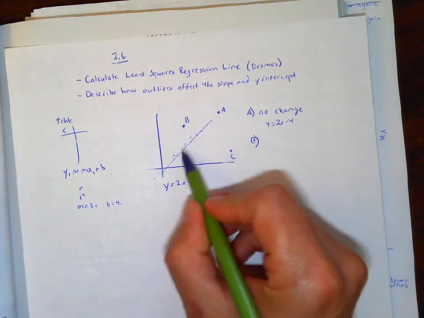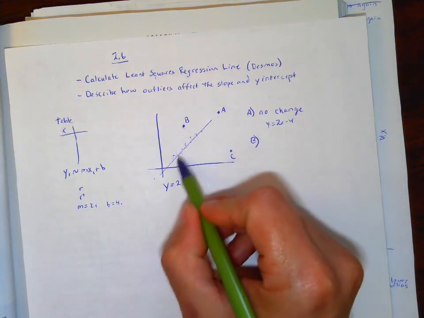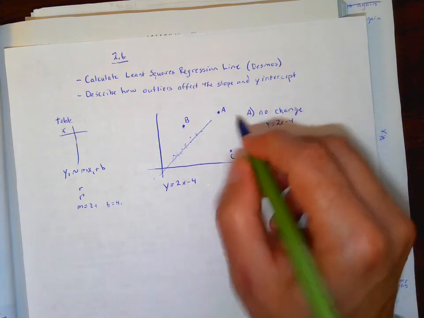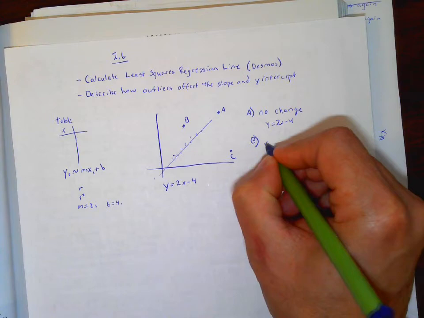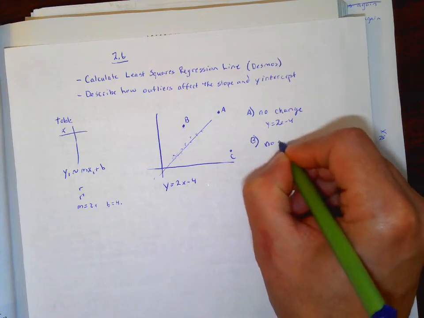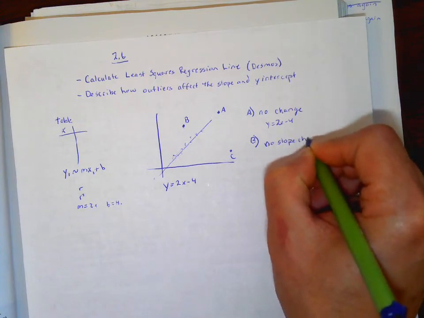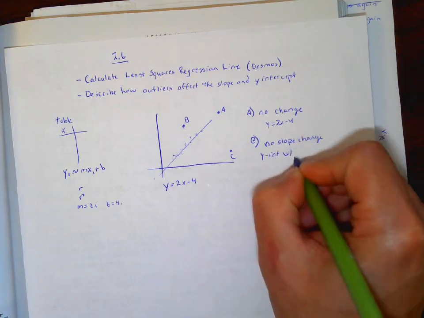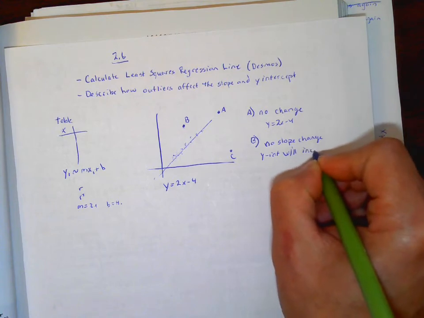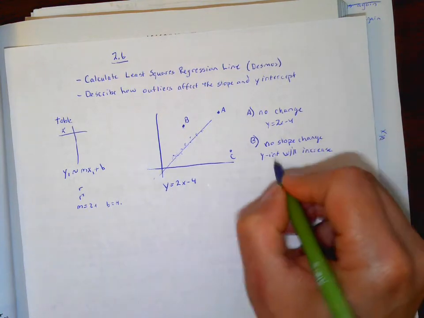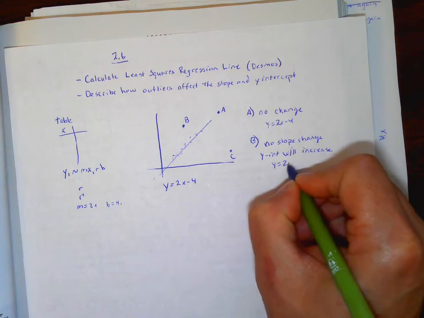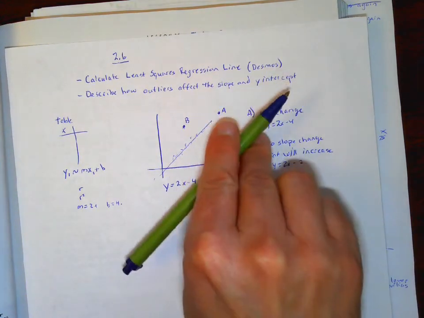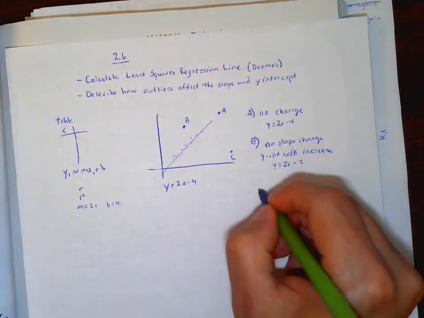Since this point B is right in the middle of all of our x values, all it's going to do is not really change the slope, but the y-intercept will increase. So you might have y is equal to 2x minus 2 or something like that. So the whole thing is just going to shift up a little bit.